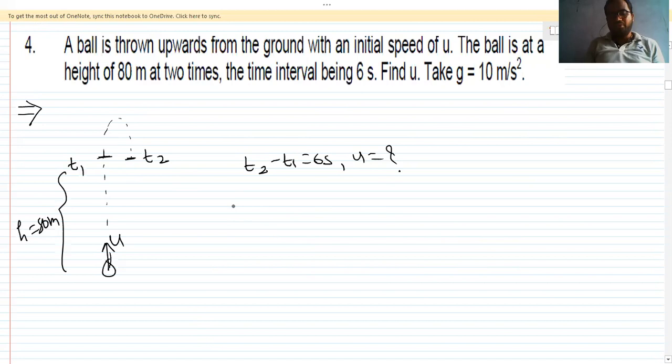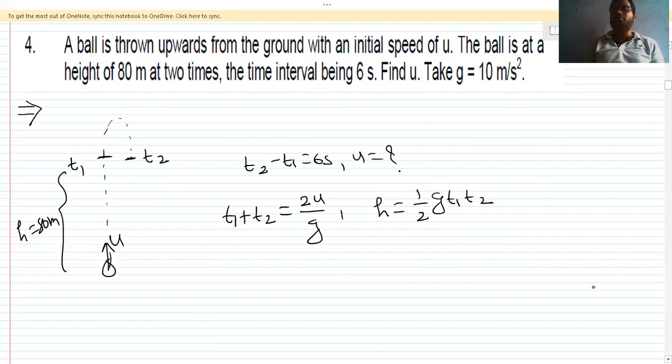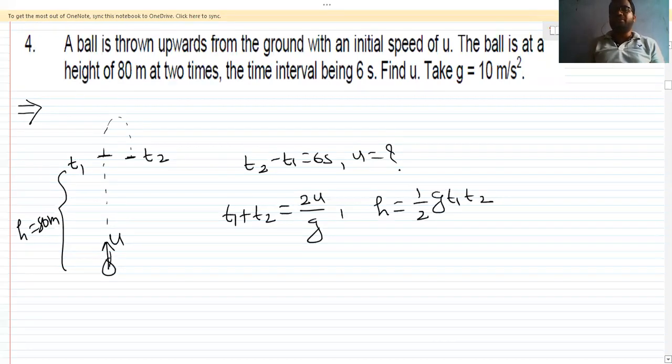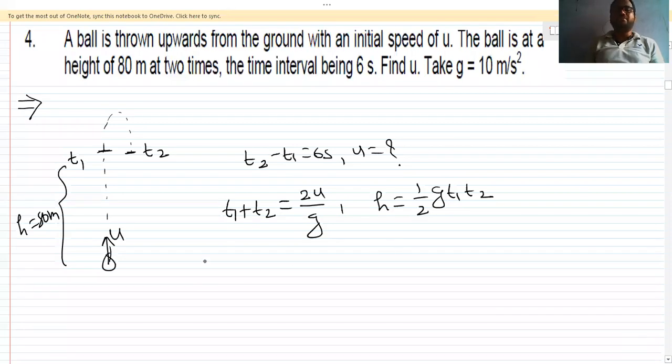Right? So we have the two formulas over here, and that is the time of flight t1 plus t2 is equal to 2u divided by g, and the height formula h is equal to half g t1 into t2. So from this we can find the value of u easily, right?